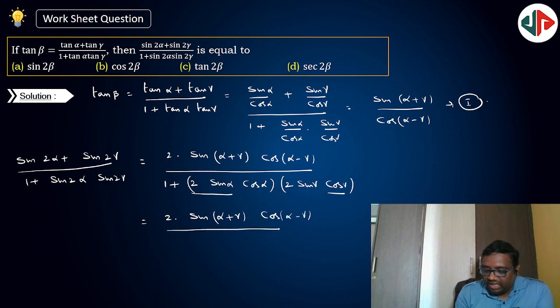The denominator is 1 plus 2 times sine alpha into cos alpha into 2 times sine gamma into cos gamma. This can be rewritten as 1 plus sine square of alpha plus gamma minus sine square of alpha minus gamma.